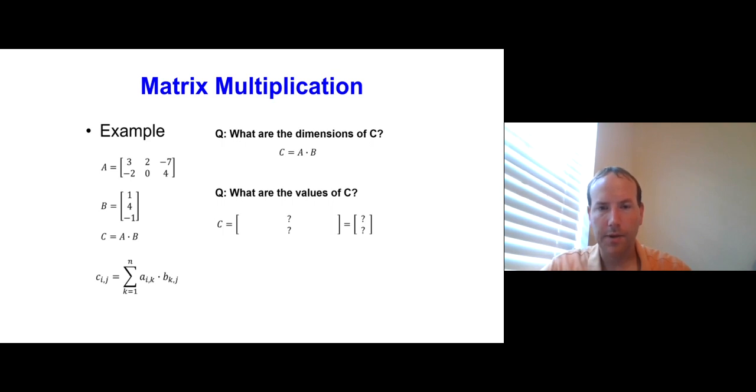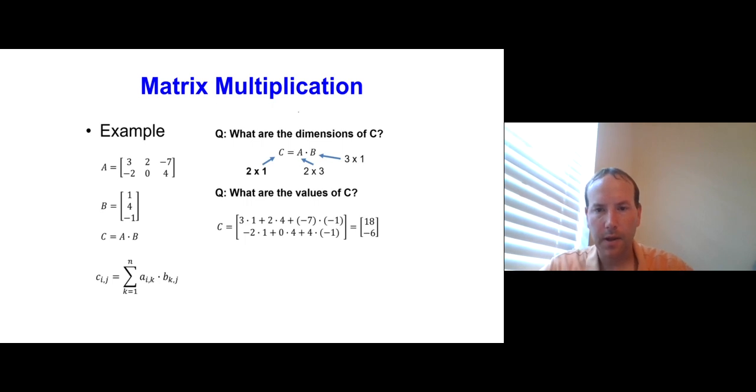Okay, so the dimensions are going to be: A is 2 by 3, B is 3 by 1, and so the inner dimensions had to match, which they did, and the result has the dimensions of the outer dimensions, which is 2 by 1.